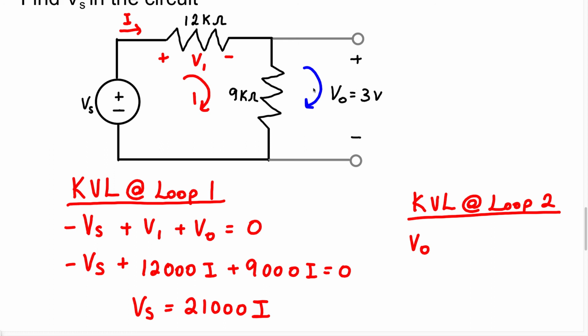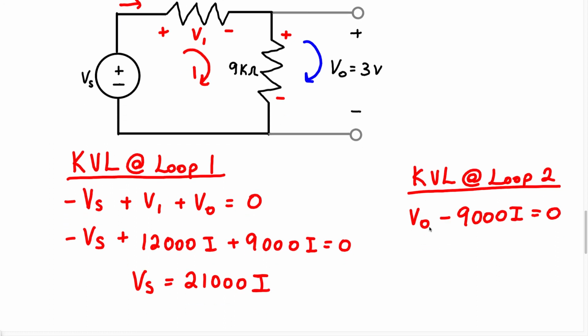So let me just label that in. We're going to have a plus minus, and we know we're going to go into the negative terminal, so I'm going to have minus 9,000 I equals 0.